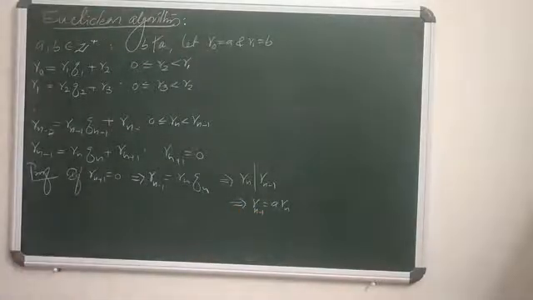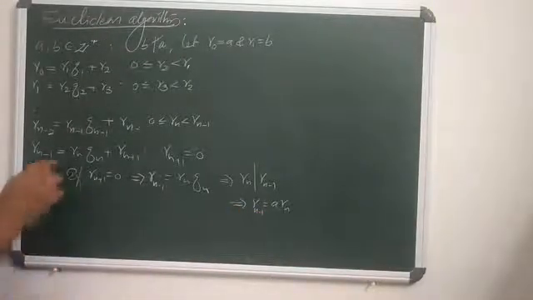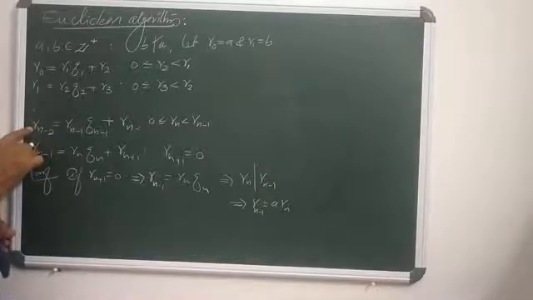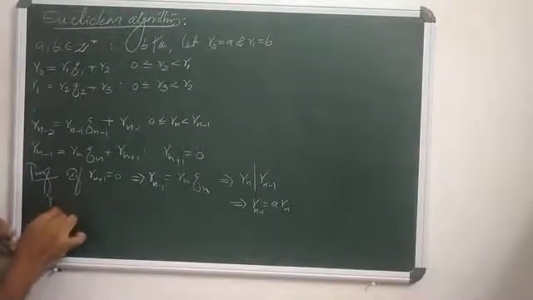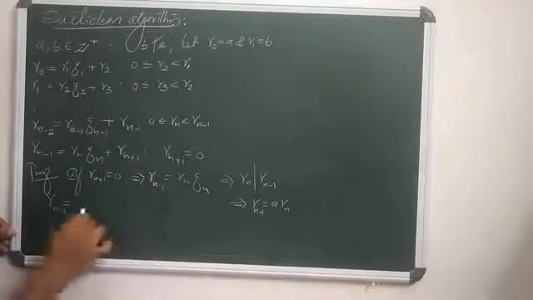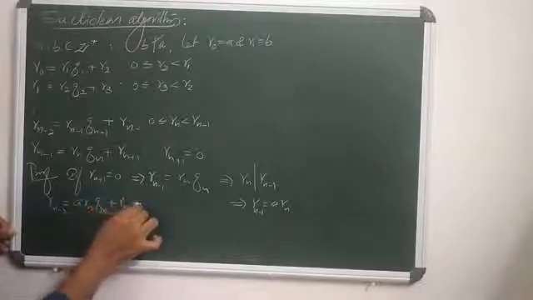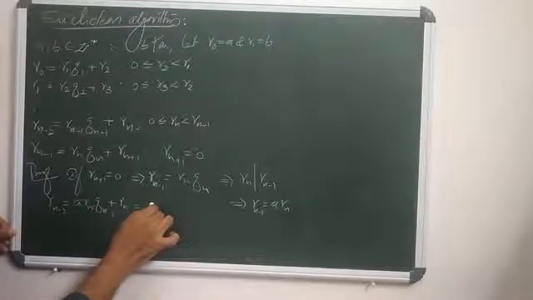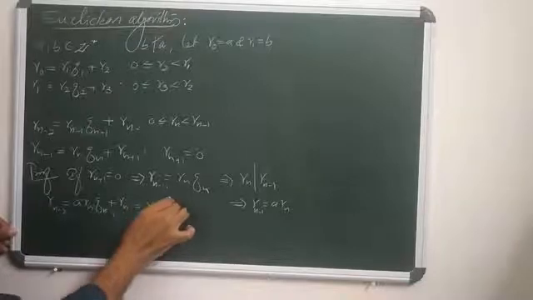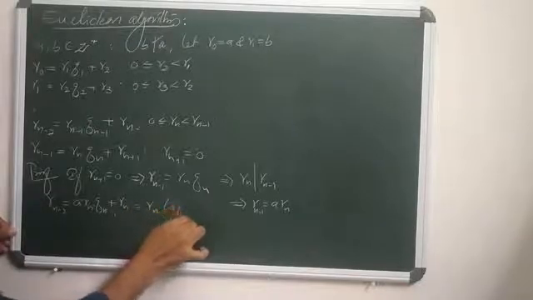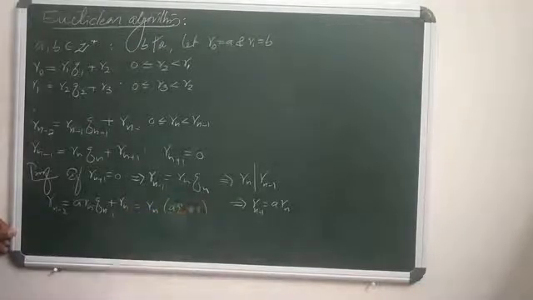Whatever it may be, the next relation, the last but one, is Rn minus 2. So Rn minus 2 equals, what is Rn minus 1? A into Rn into Qn minus 1 plus Rn. So that equals Rn into (A into Qn minus 1 plus 1).